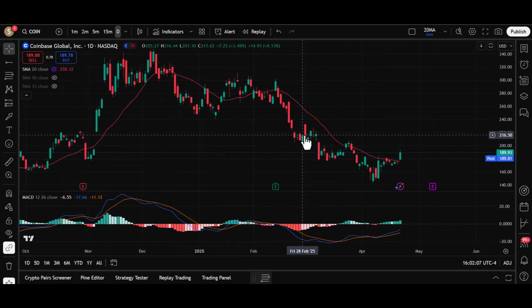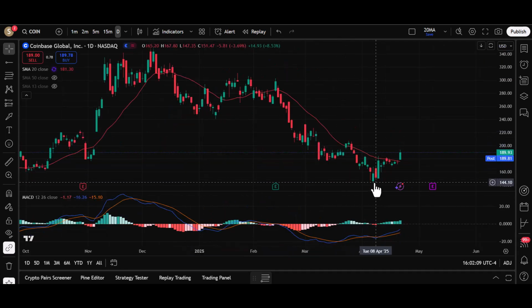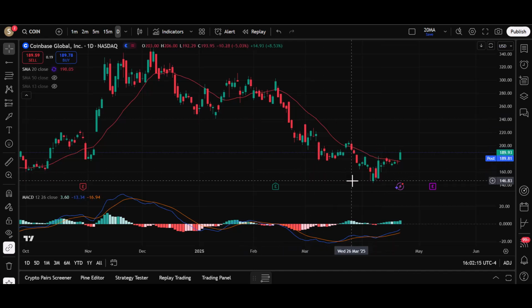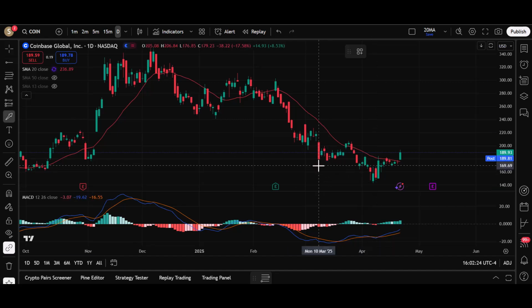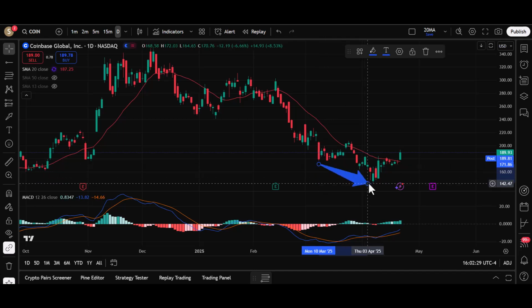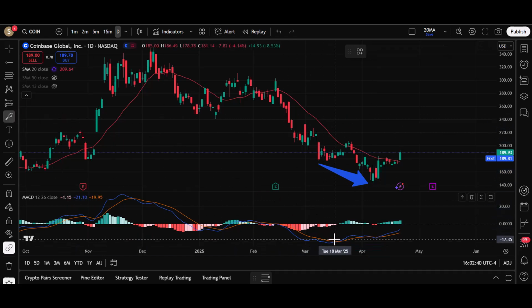So let's look at one more that is shaping up and looking like it's bottoming here. And obviously Coin is related to Bitcoin, but look at the positive divergence that's formed as Coin moved lower to touch this 142.5 level. Look at what MACD is doing during that time, right?